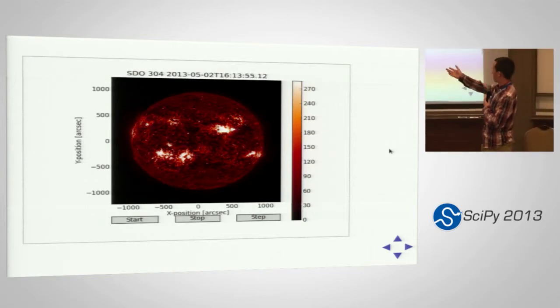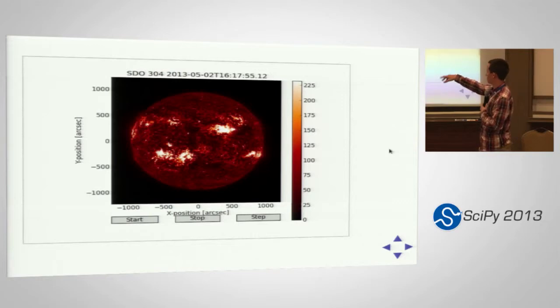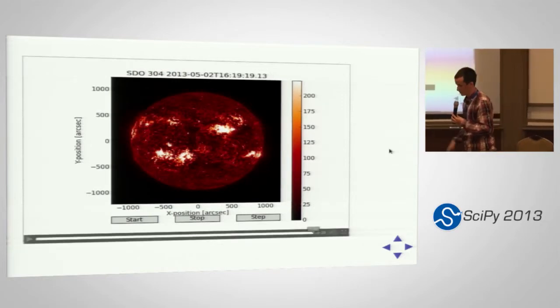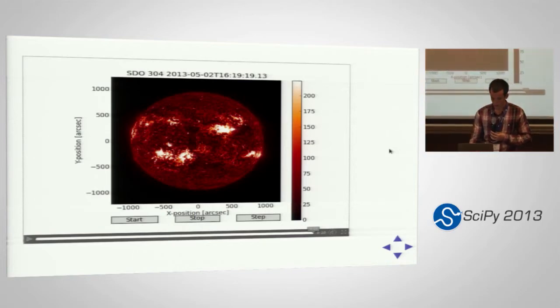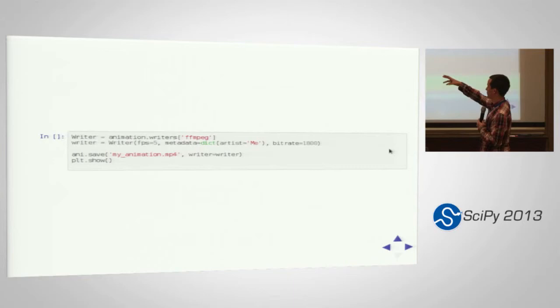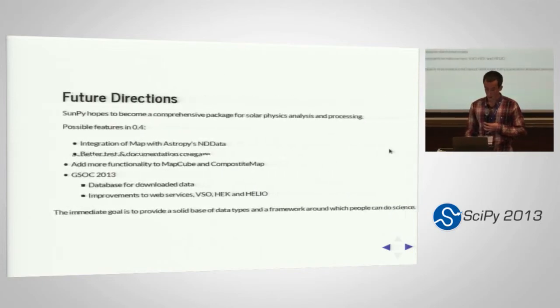I've implemented a few start-stop buttons in Matplotlib, and you can animate your data. And as I said, the plot object returns an animation object, so you can just use the standard Matplotlib interface to save the movie afterwards.